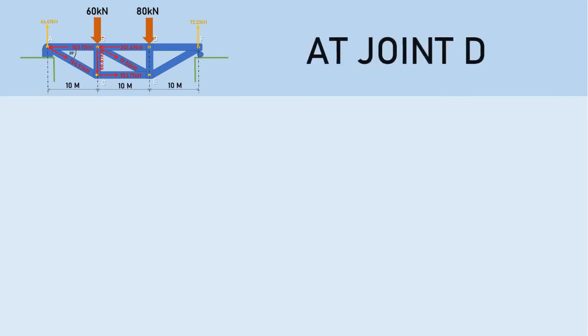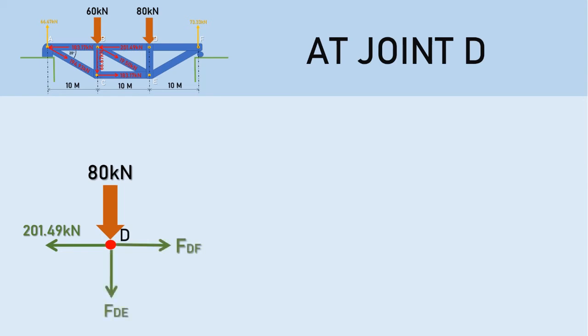Moving on to point D, we have a compression force of 201.49 and a load of 80 kilonewton. We also have to solve for two unknown forces, FDF and FDE. So the first equation, summation of Fx is equal to 201.49 kilonewton plus FDF equals to 0.